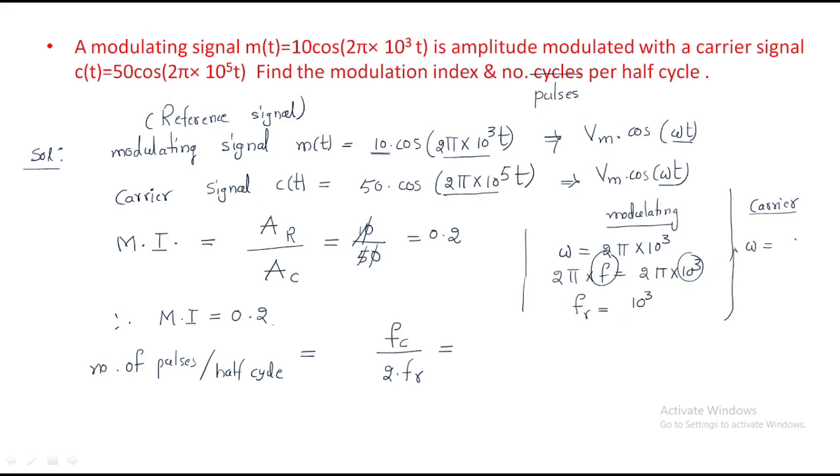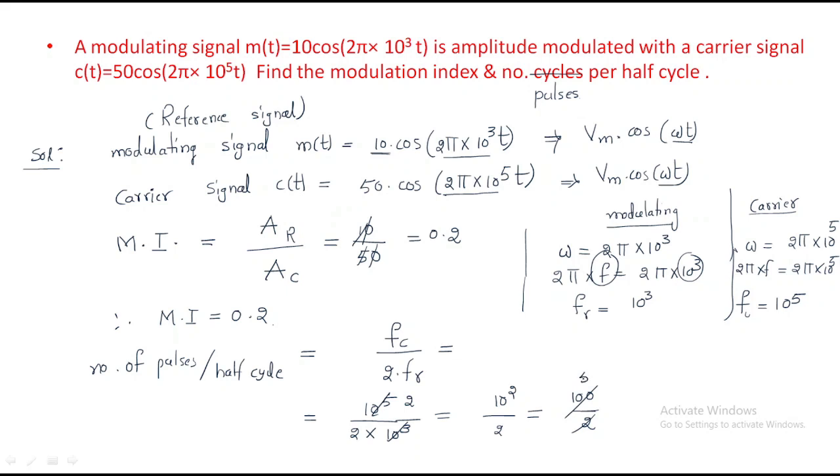Next, for the carrier signal, omega equals 2 pi into f equals 2 pi into 10 power 5, so the carrier frequency fc equals 10 power 5. So it is 10 power 5 divided by 2 into 10 power 3. The 2 pi factors cancel and the remaining is 10 power 2 by 2, which is 100 by 2, that is 50.